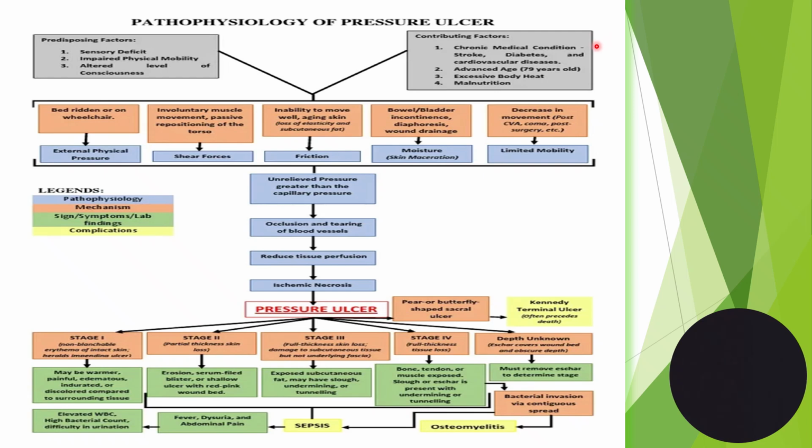Contributing factors are chronic medical conditions like stroke, diabetes, and cardiovascular disease, advanced age of more than 79 years, excessive body heat, and malnutrition. So mainly these two factors lead to a pressure ulcer.